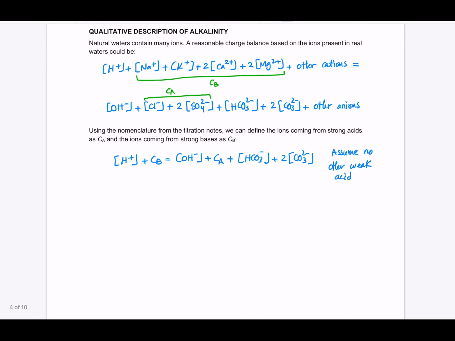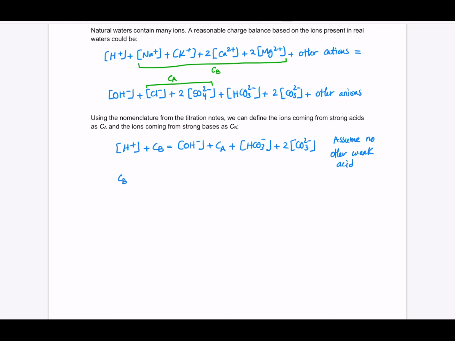So rearranging this a little bit, it would be Cb minus Ca equal to bicarbonate plus 2 carbonate plus hydroxide minus the proton. Instead of carbonate and bicarbonate, we know we can use the alpha term, a pH dependent term, also looking at the total concentration of carbonate, so that term is easier to play with.